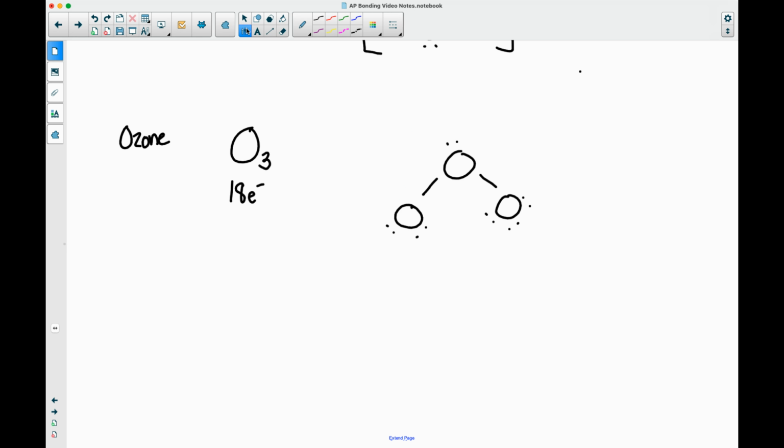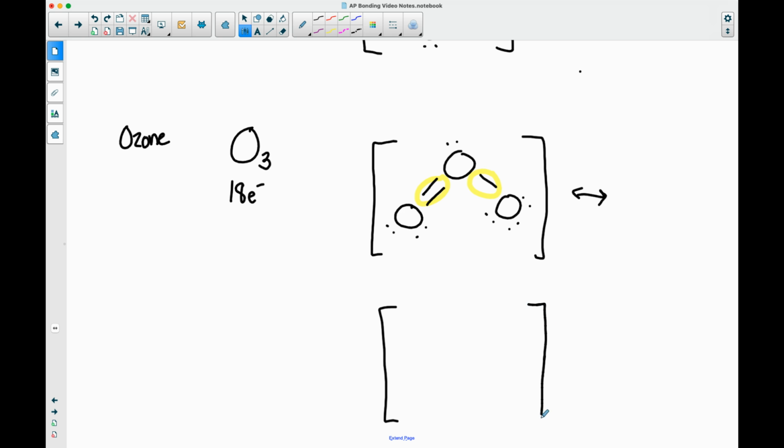One of these pairs is put into a double bond. But again, how do I decide whether the double bond goes here or here? And again, the answer is we don't decide. This structure is best described using resonance to show that the double bond is actually in both places over time.